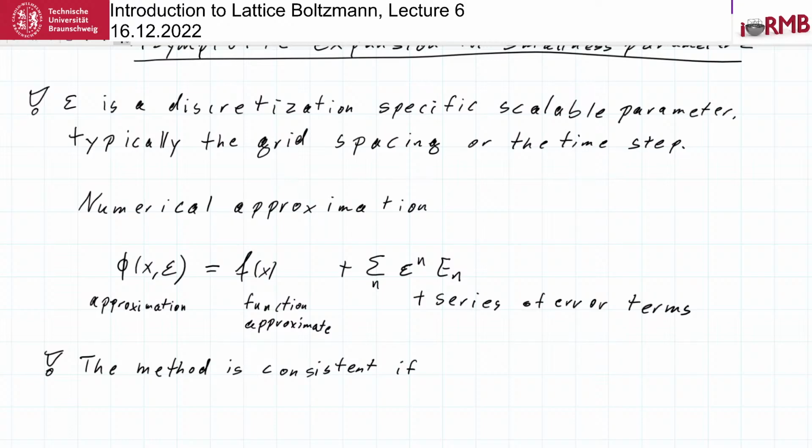Numerical methods have errors. It is correct when it fulfills this criterion, namely that in the limit epsilon to 0, so when the smallness parameter goes to 0, the approximation approaches the original function that was to be approximated. Then it is a correct method.